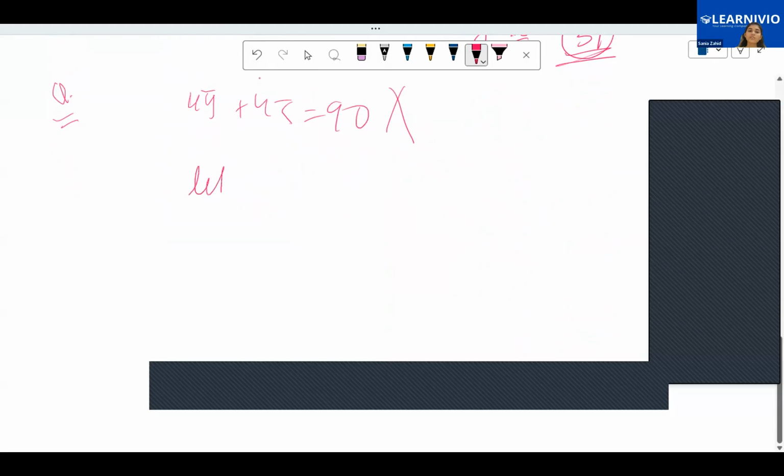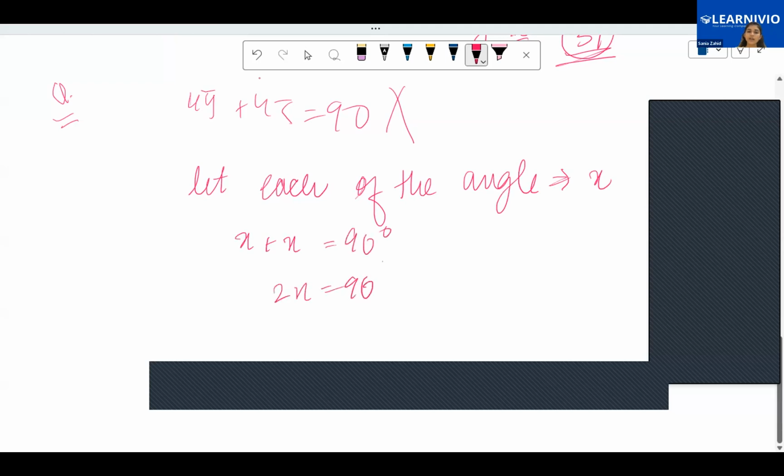You have to write, let each of the angles be x. Then x plus x gives you 90 degrees, 2x gives you 90 degrees, and x gives you 45 degrees. You have to derive. This is how you derive. Over here, you're just showing me that if you do 45 plus 45, you'll get 90.